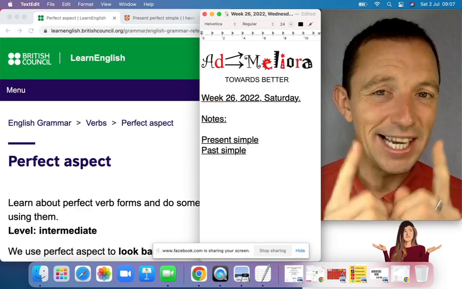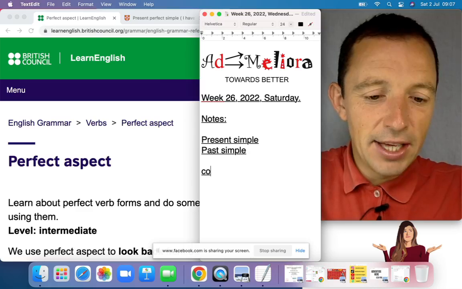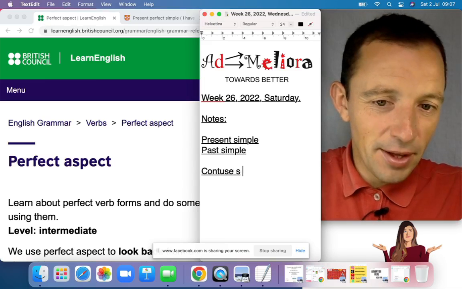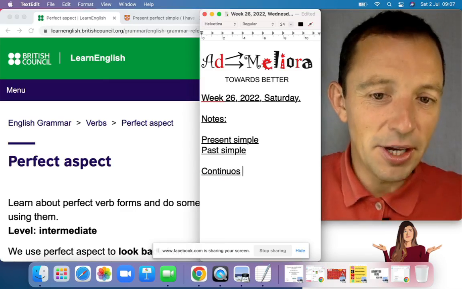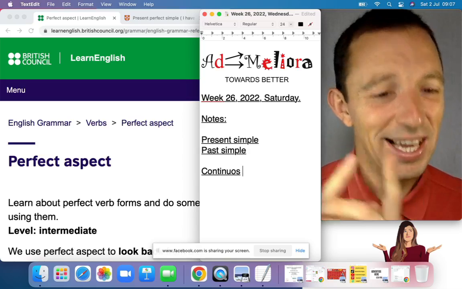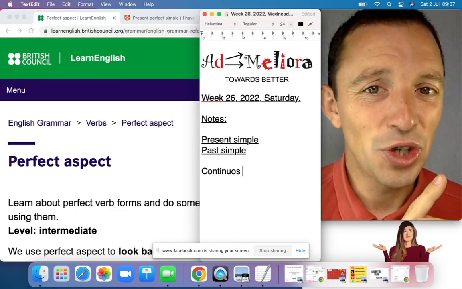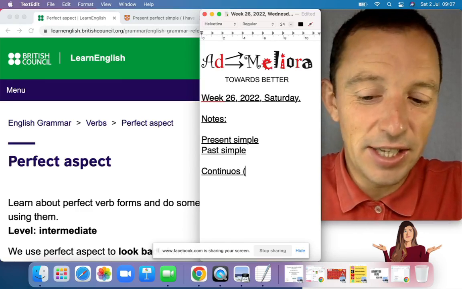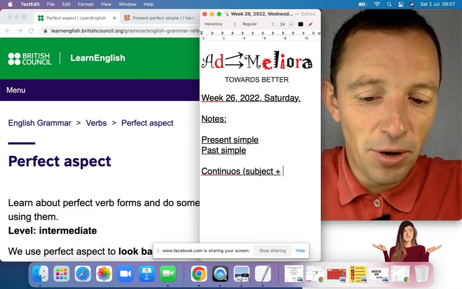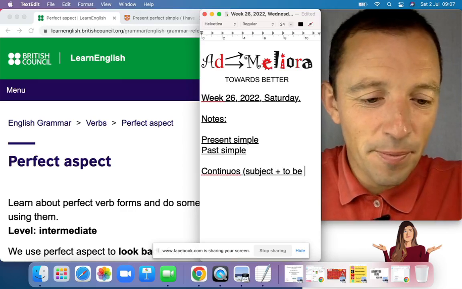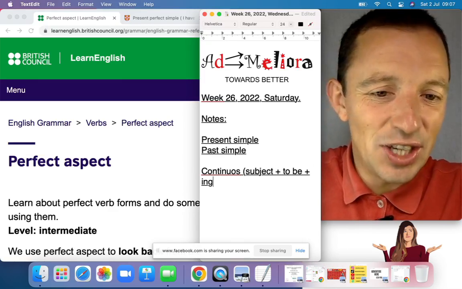We also have the continuous. The continuous is very important. We have the present continuous, the past continuous, the future continuous. And to create the continuous, we need the subject plus the verb to be plus the ing form.